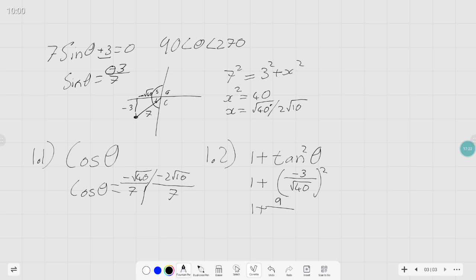Square root 40 times square root 40 just gives me 40. This is the same as saying 40 over 40, which gives me 49 over 40. Okay.